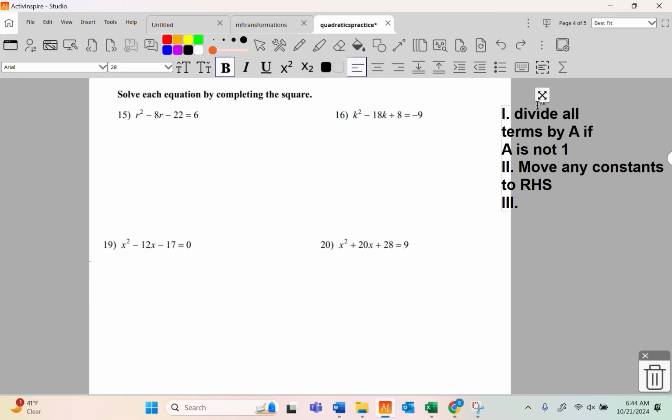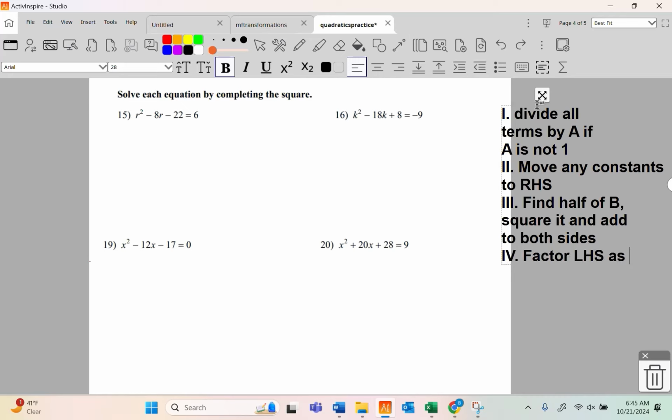Step 3 is to find half of B, square it, and add to both sides. Step 4 is to factor the left-hand side as a perfect square. Step 5 is to counteract squaring. And the last one here is to counteract plus or minus, addition or subtraction.